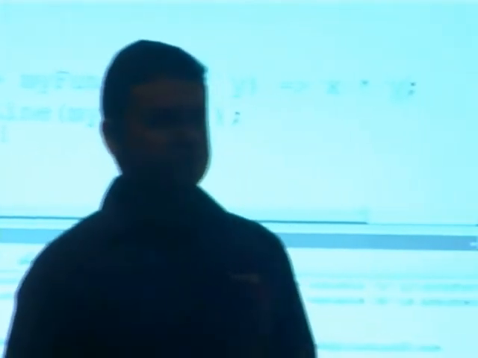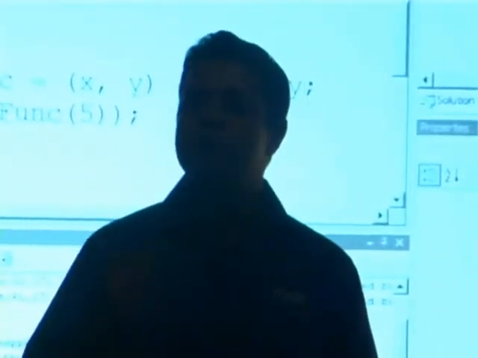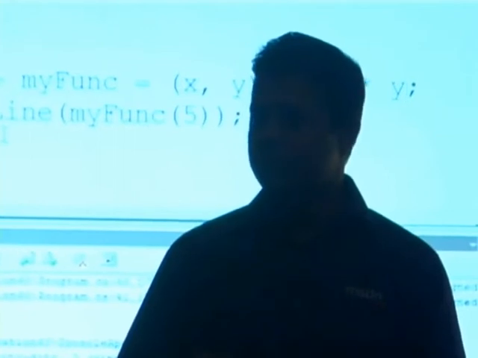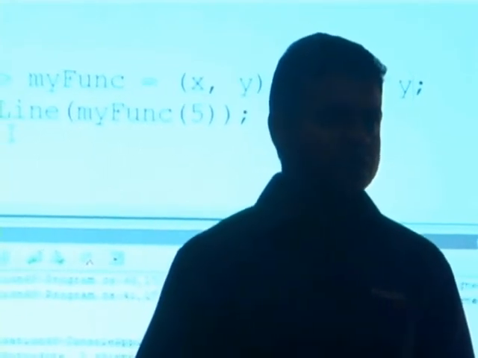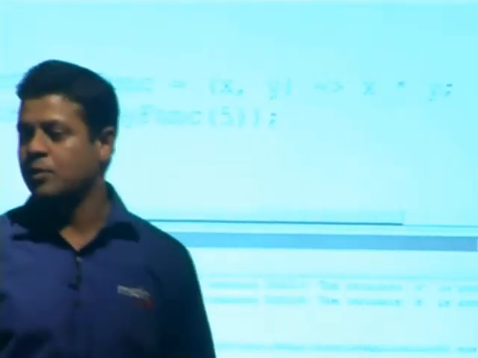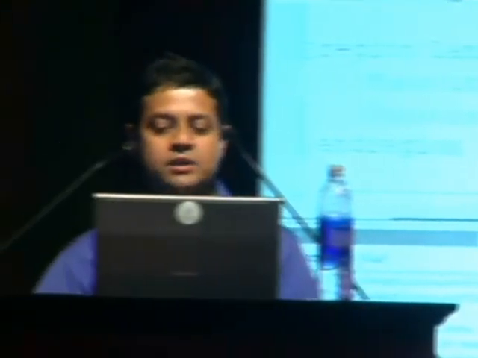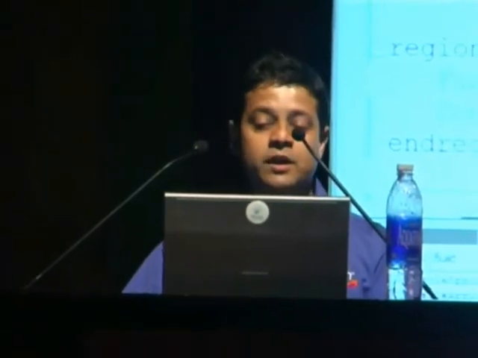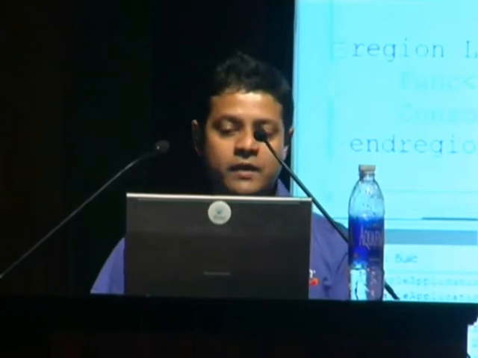The added advantage here is you don't even have to worry about the type. So if you remember, in delegates, the signatures should match. Here, I'm not even declaring a type. So virtually what that means is I can use this particular lambda expression anywhere without worrying about the type. And that's exactly what I'm going to do here.